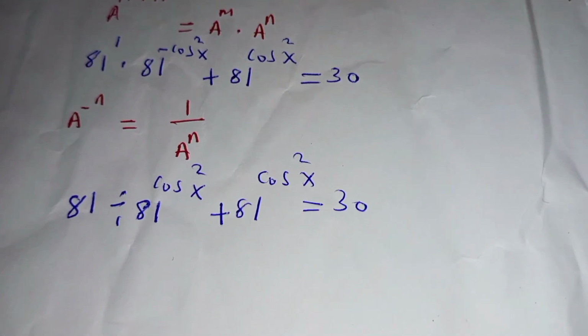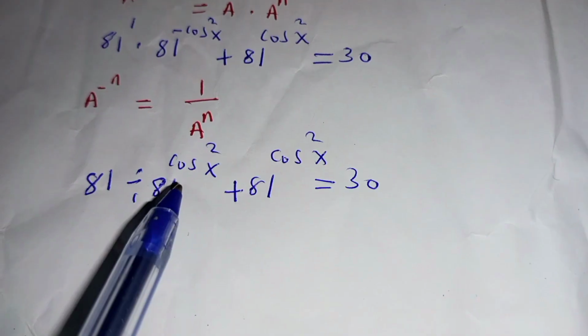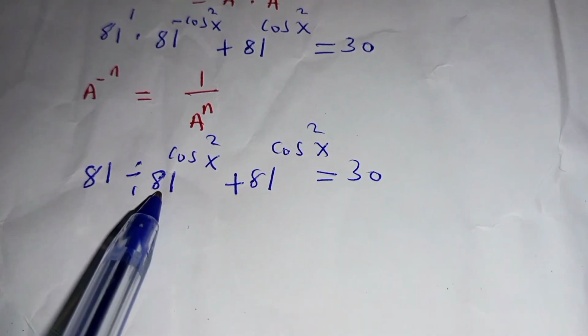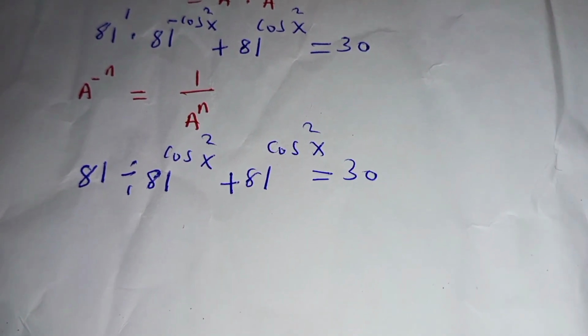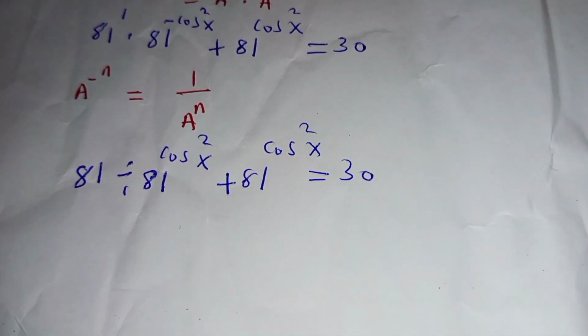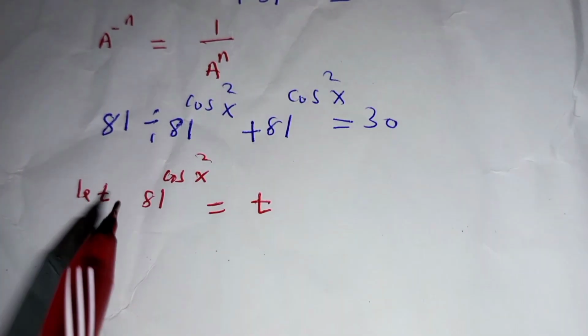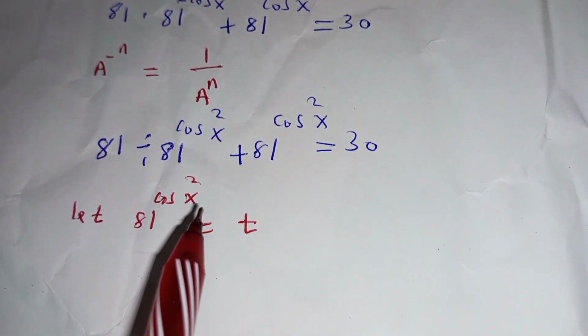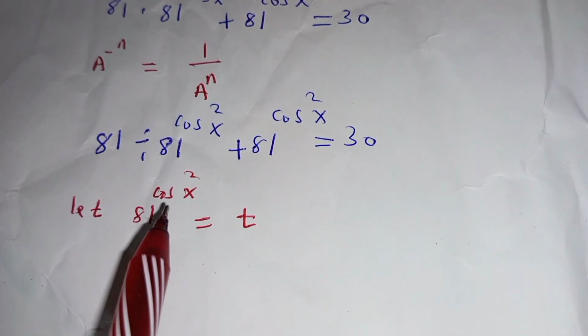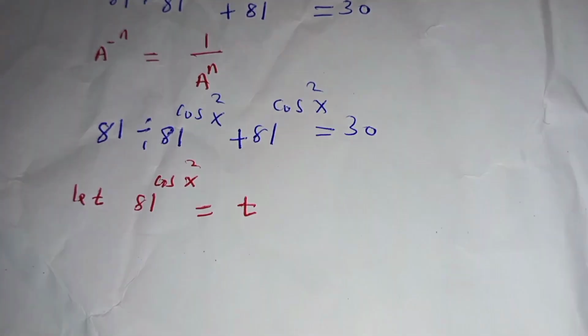So that is what we have, and you can see now at this point we can let item 1 power cos squared of x be a letter of our choice. So we let item 1 power cos squared of x be equal to t.